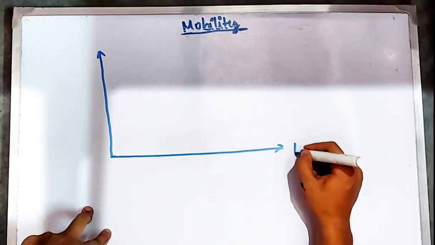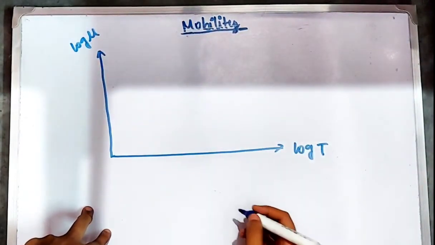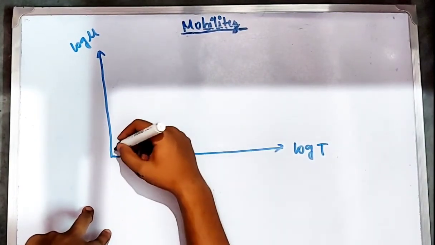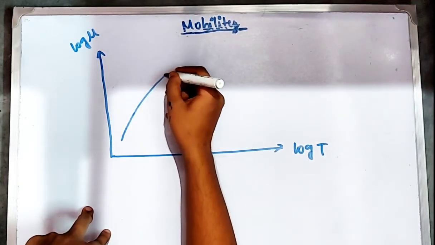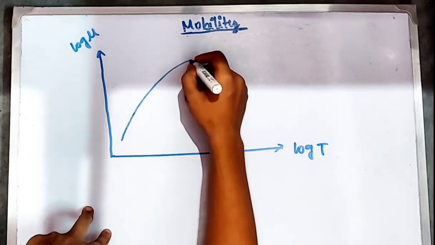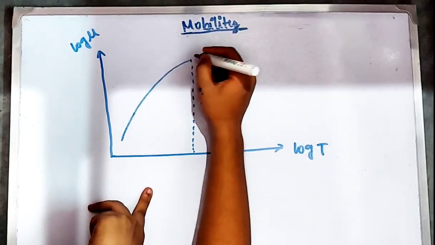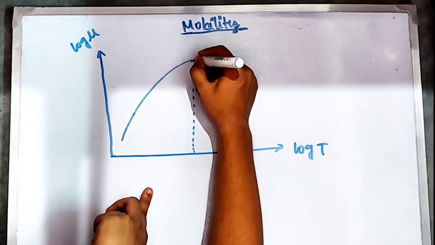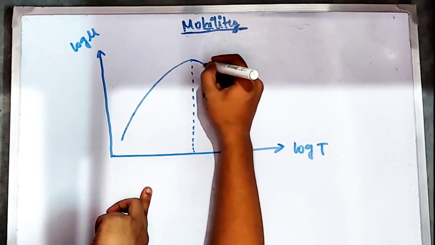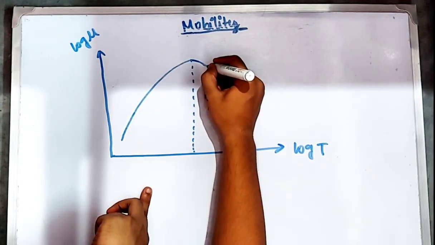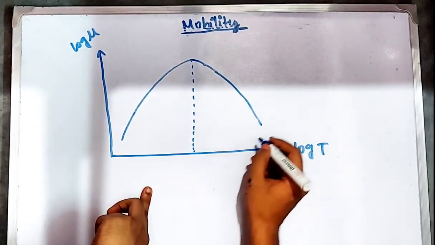If we plot log of temperature here and log of mu here, we can see that the curve at first rises, then there is a peak, and after that if we apply high temperature, then the lattice scattering or the lattice vibrational motion starts occurring, and of course the mobility also decreases at that time.